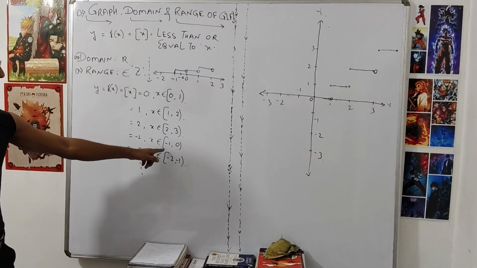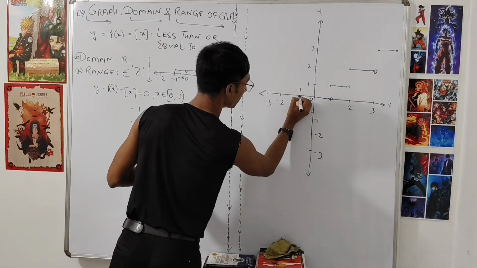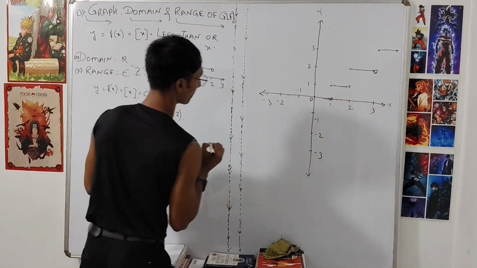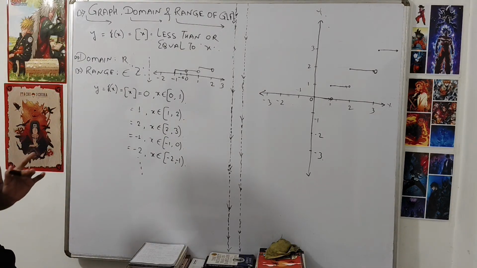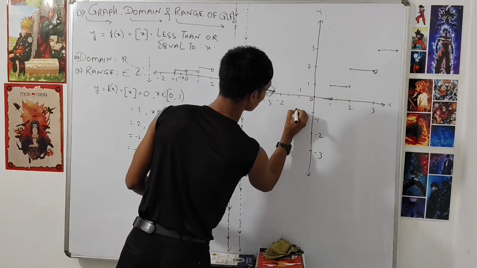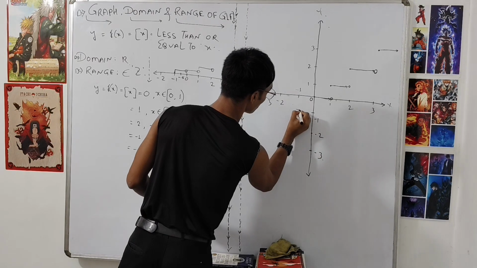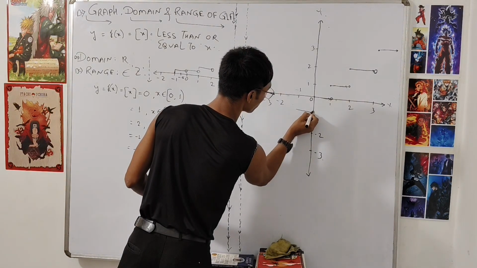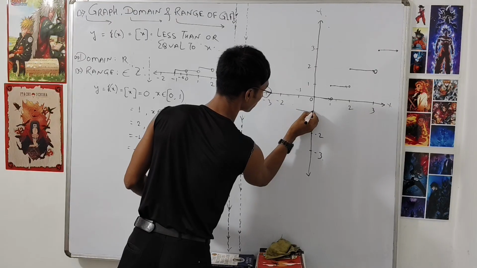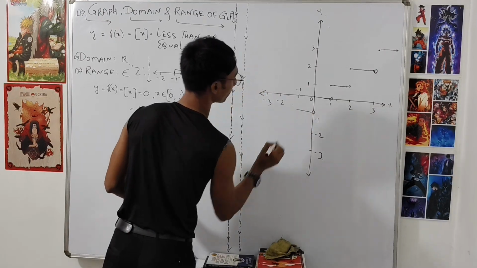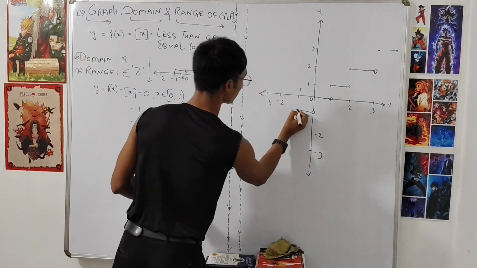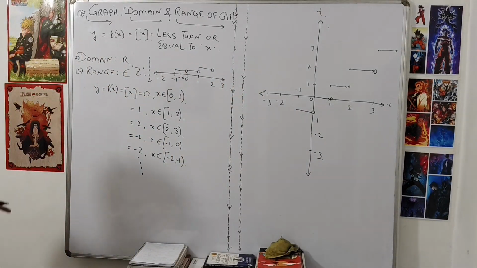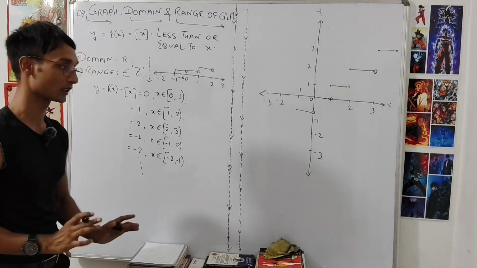So when x belongs to -1 to 0, x will lie from here to there, with an open bracket at 0. This is closed, sorry, this is open. This is a hollow circle. So for -1 closed to 0 open, it will produce -1.